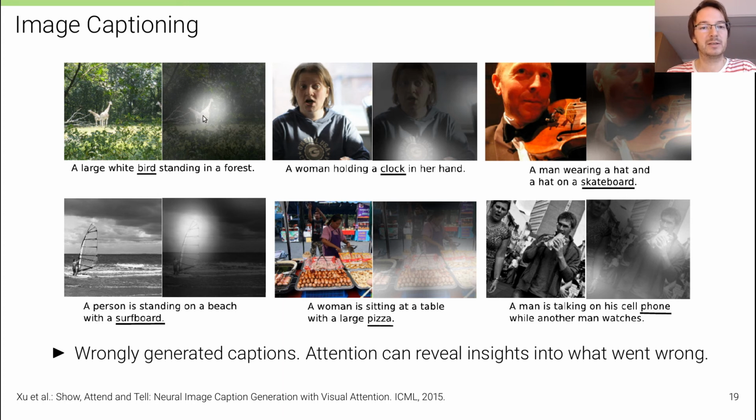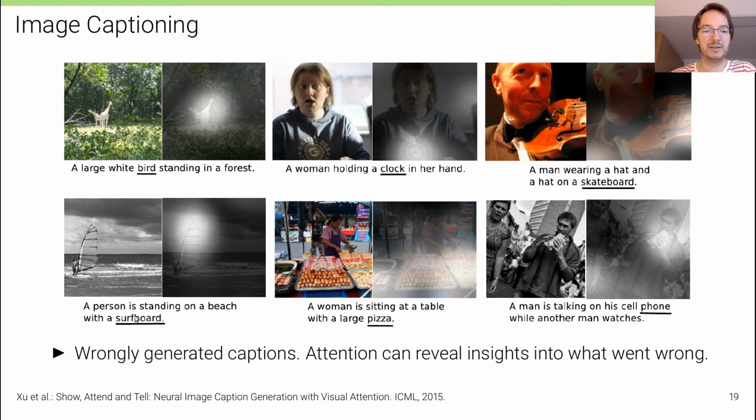But if you look at the region that the model has looked at, you can see that it might look a little bit like a bird shape here. Or here, a woman holding a clock in her hand. So it's clearly not a clock, but it has a round shape, so it's misclassified as a clock. So the internal representation that the model has learned in terms of classifying clocks is not as good as we wish it would be.